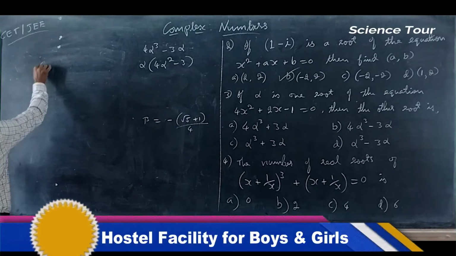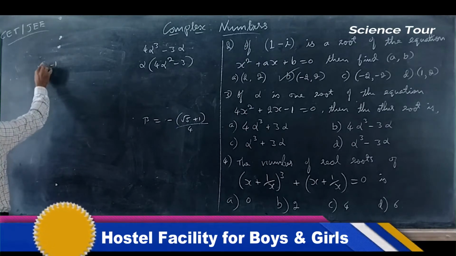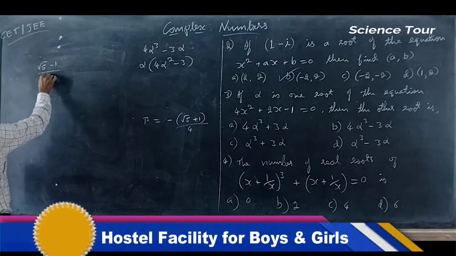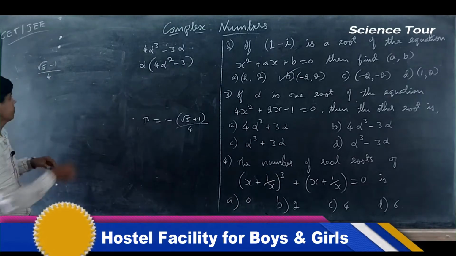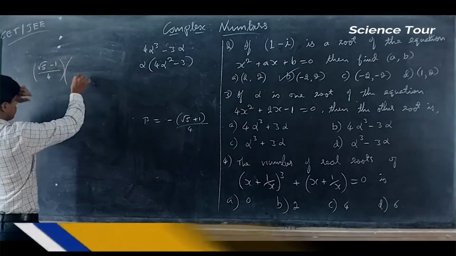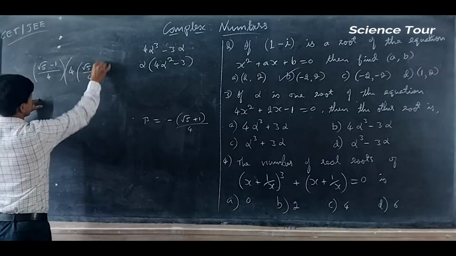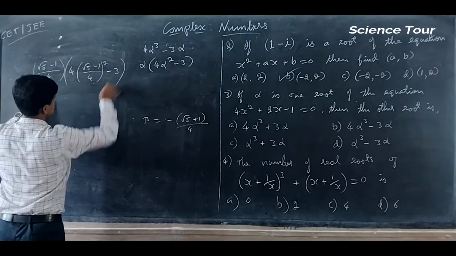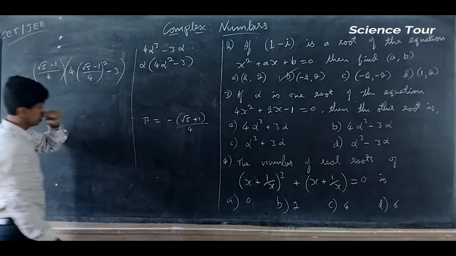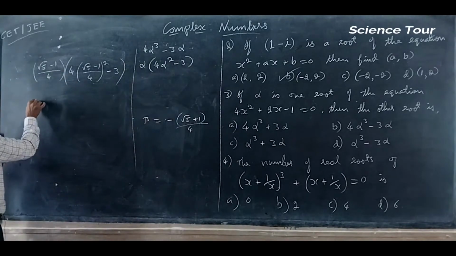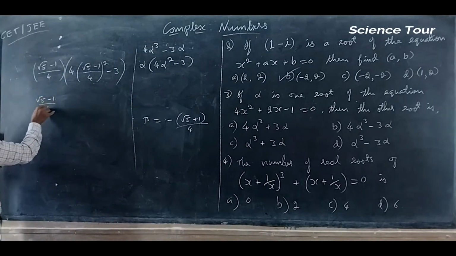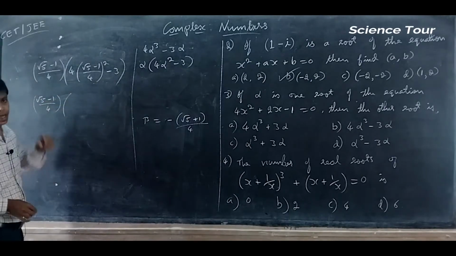So this is (root 5 minus 1) divided by 4, into 4 alpha square minus 3, where alpha square is ((root 5 minus 1) divided by 4) the whole square. Now we'll skip some of the steps and directly write.